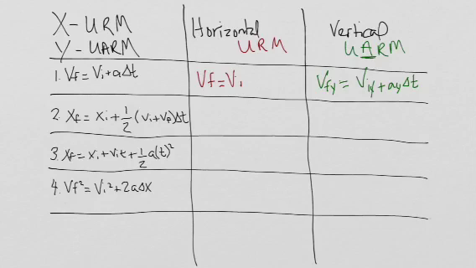That acceleration is going to give us those concrete UARM equations that we know, the four equations.